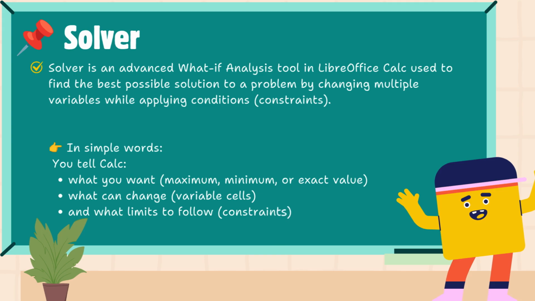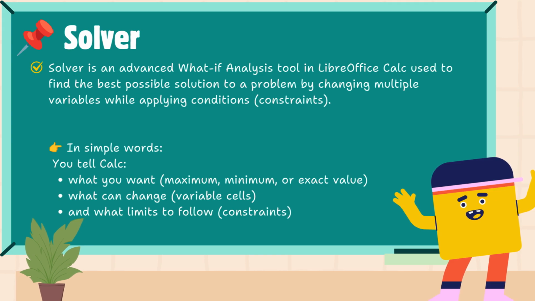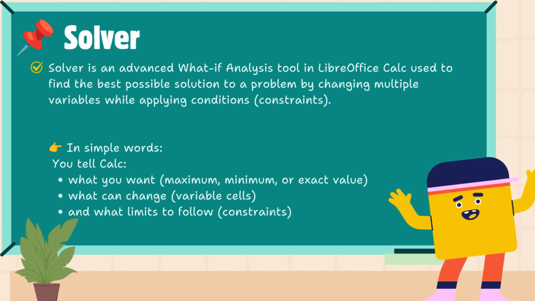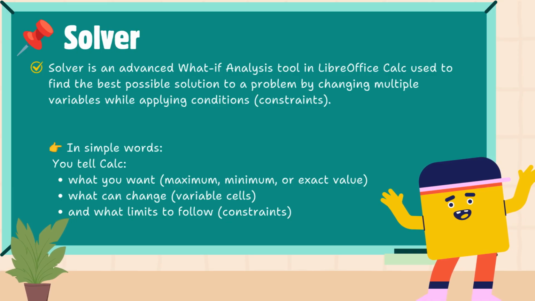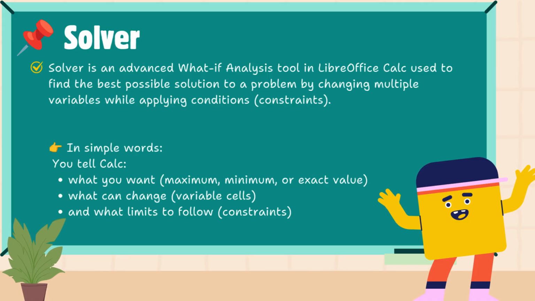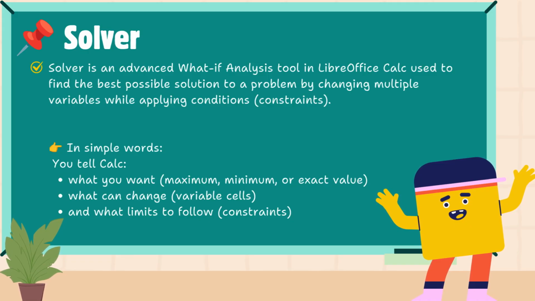So what we need in the solver means maximum, minimum and exact value that you want to calculate, what we can change, variable cells, and what limits to follow, that is constraints.